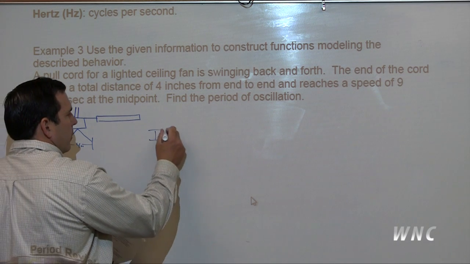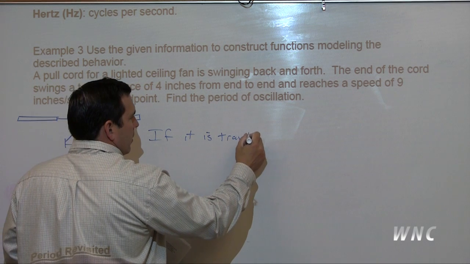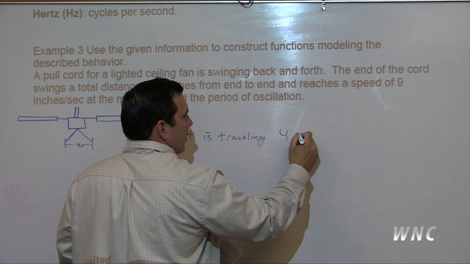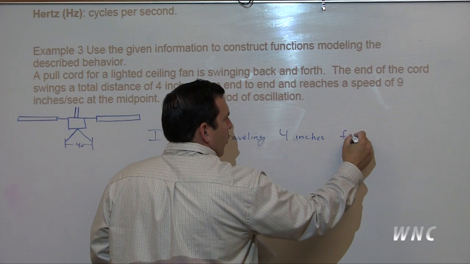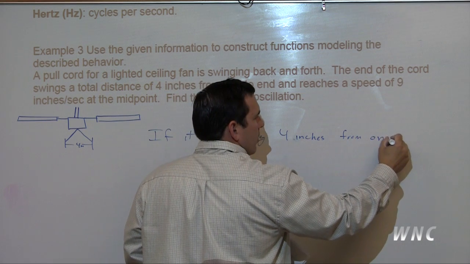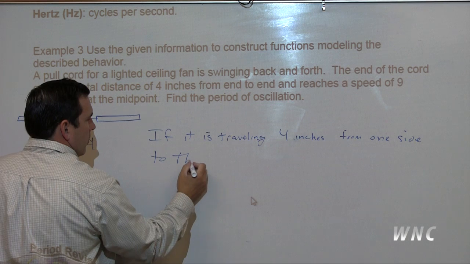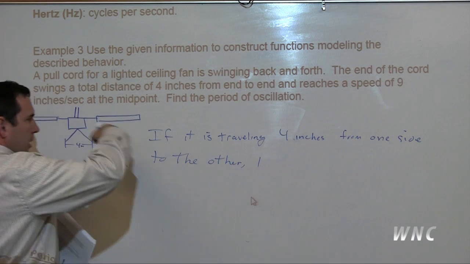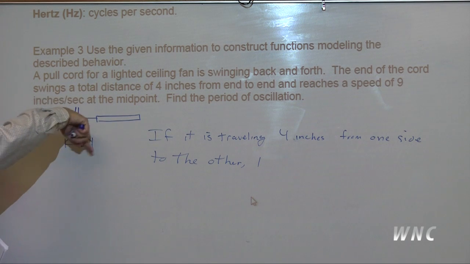So if it is traveling 4 inches from one side to the other, it is traveling a total distance to go back, so 4 inches over, 4 inches back.